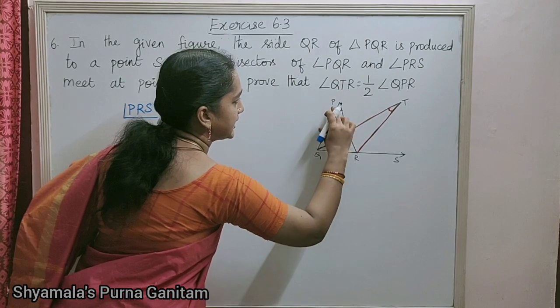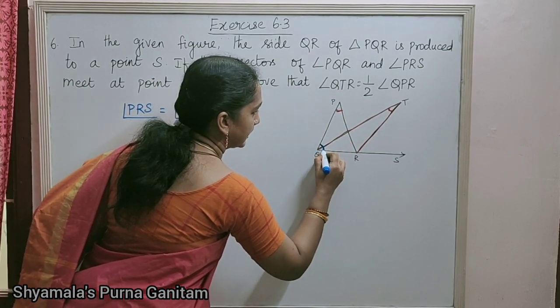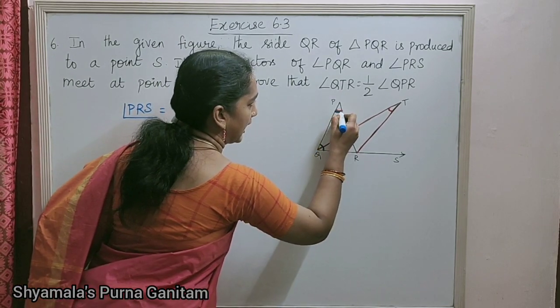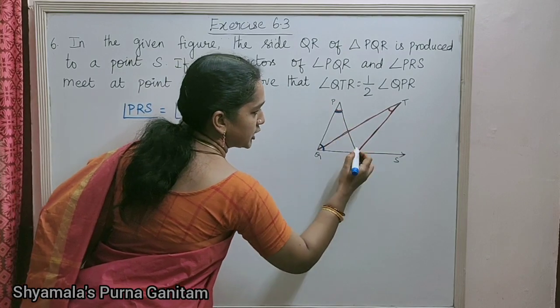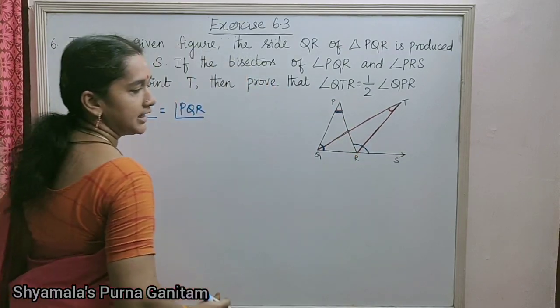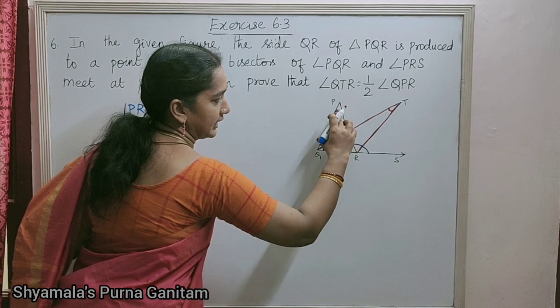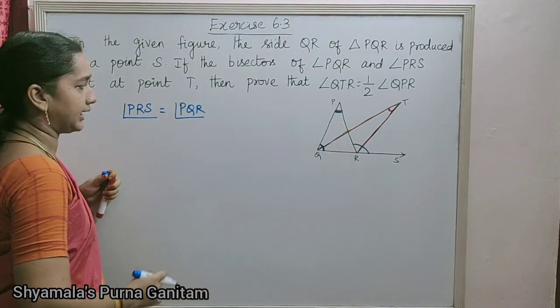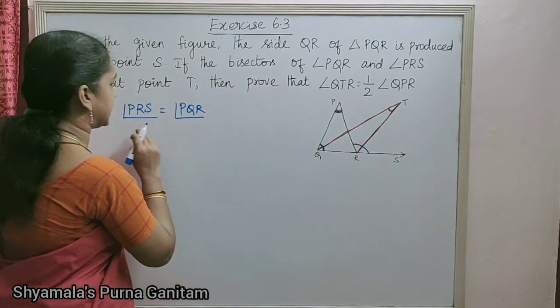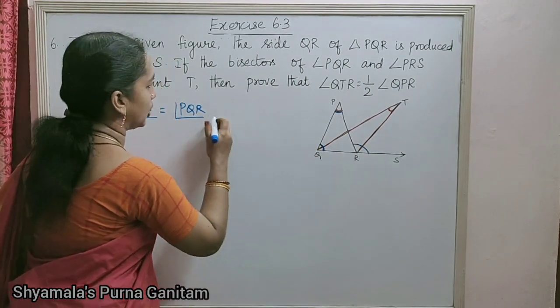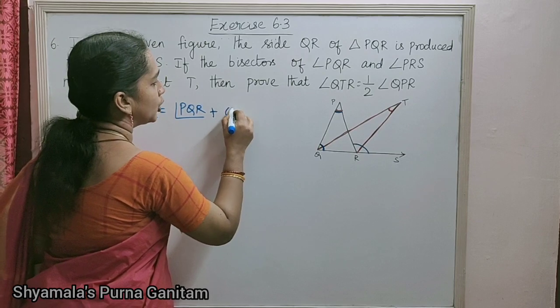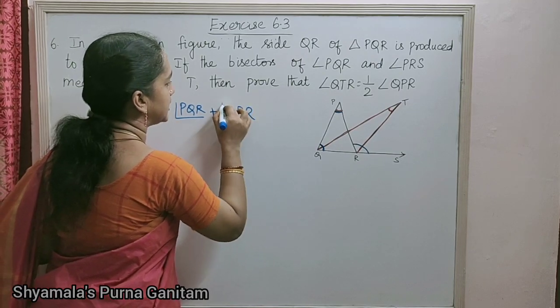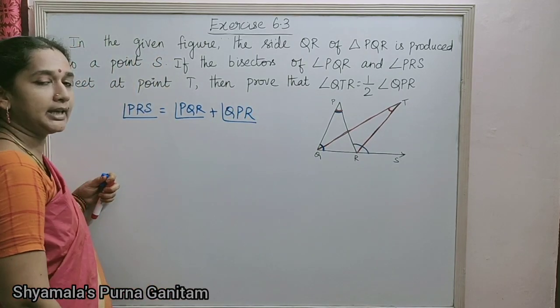If you add these two angles, this angle and this angle, you will get this angle. This is the exterior angle, which is equal to the sum of the opposite interior angles. So PRS is equal to PQR plus QPR. If you add these two, you will get PRS.